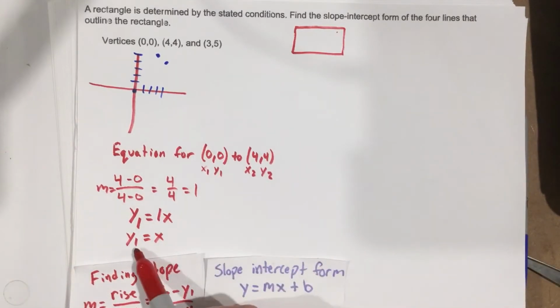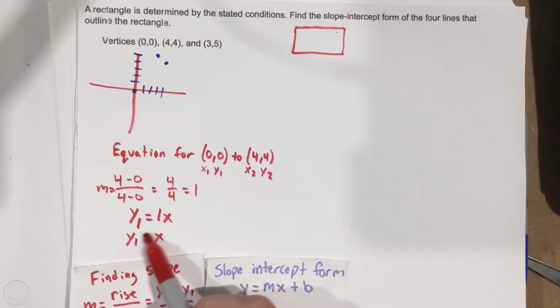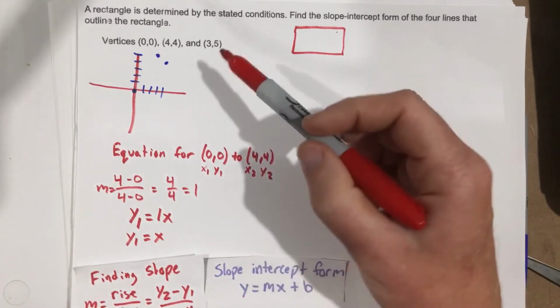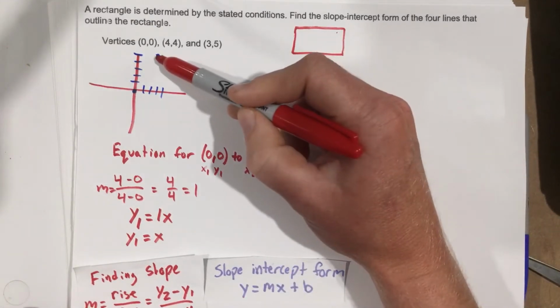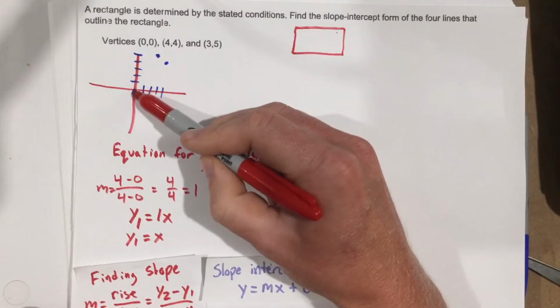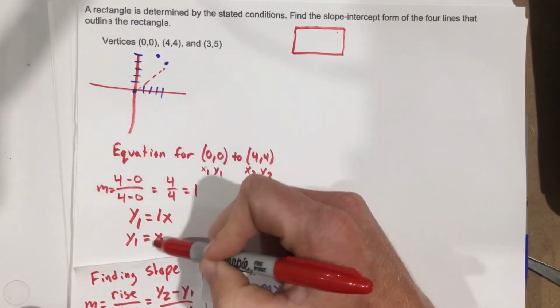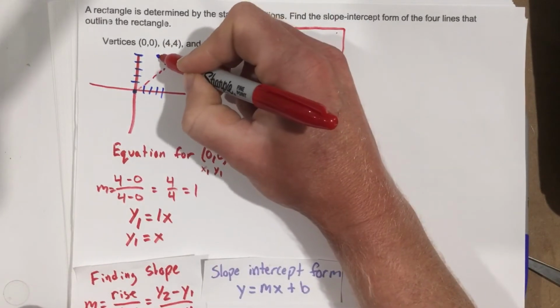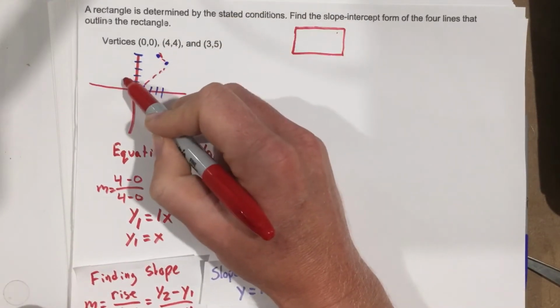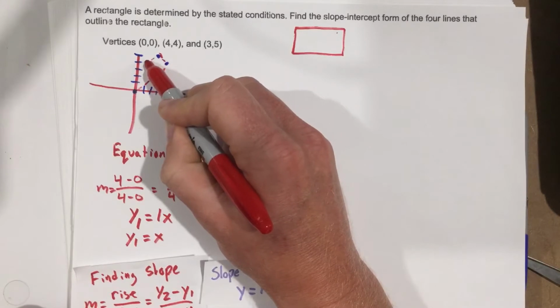So we know that we have a line parallel to this equation. But before we get to that, let's find the other equation we need, from 4, 4. This is going to be one of our lines, which we just found, y equals x. This will be the other one, and then we're just going to find these 2 lines to outline this box.